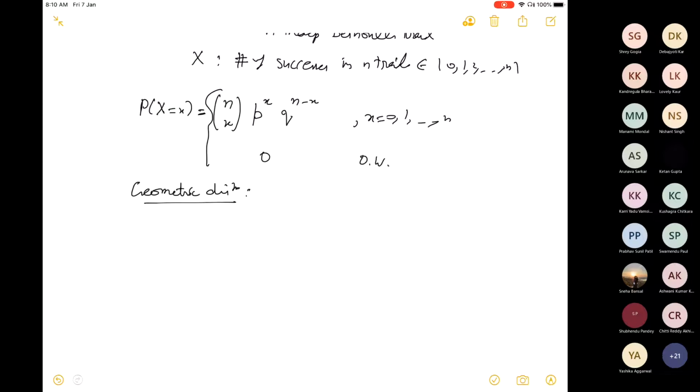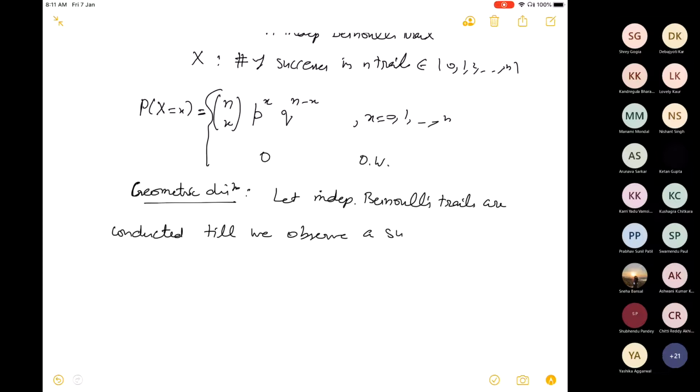Independent Bernoulli trials are conducted till we observe a success.